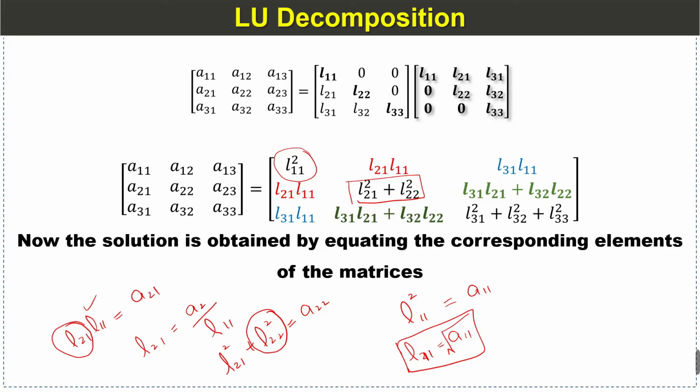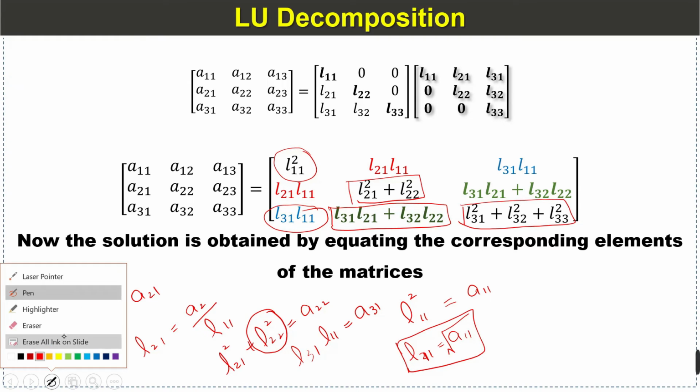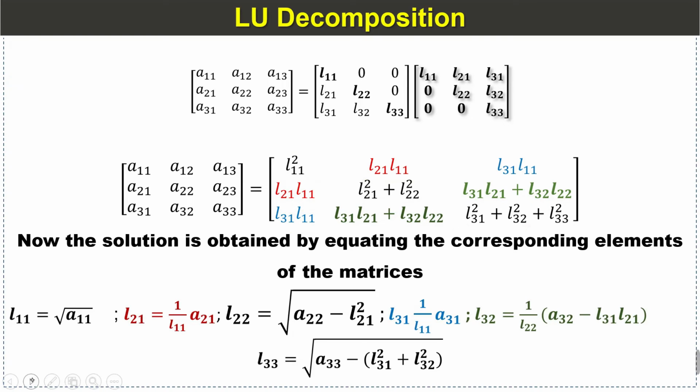Next we solve the equation L31 L11 equal to A31, and so on for the rest. So we have L11, L21, L22, L31, L32, and the last one L33.